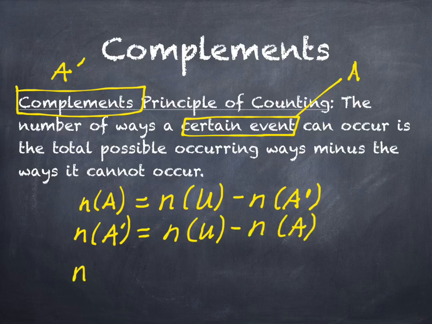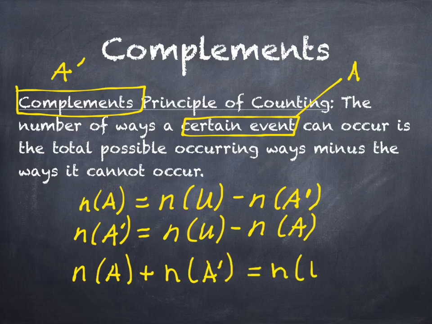Or if you'd like, you can say the number of ways the event happens, plus the number of ways that the event doesn't happen, would be the total number of possible outcomes. You guys recognize this is all the same formula, right? There's very little algebra related to this, but all I'm doing is adding and subtracting things from different sides of an equation. These are different ways of thinking about the idea of complements.